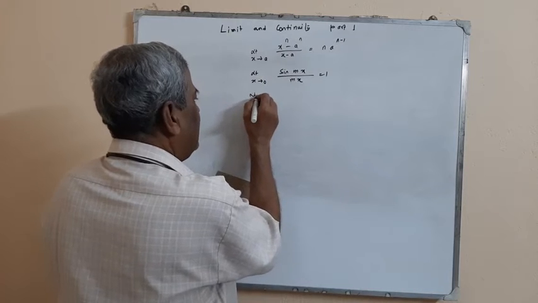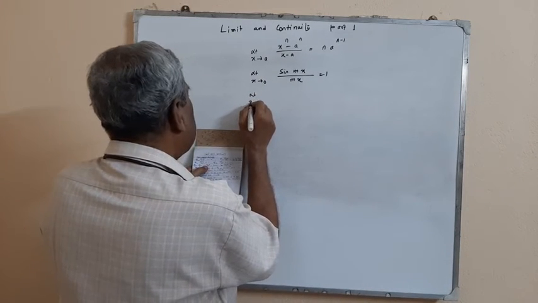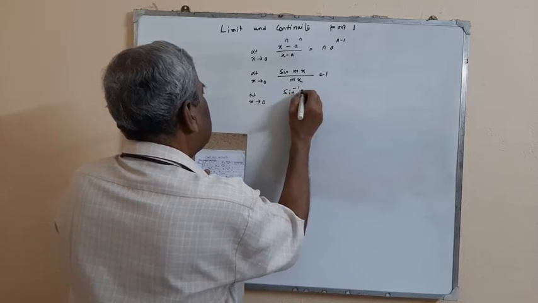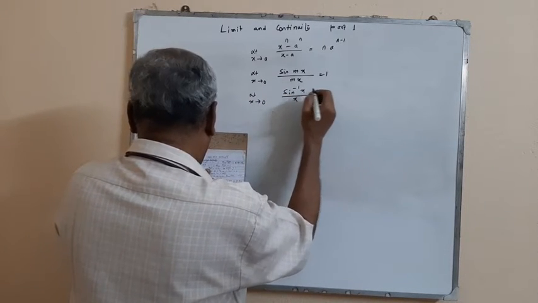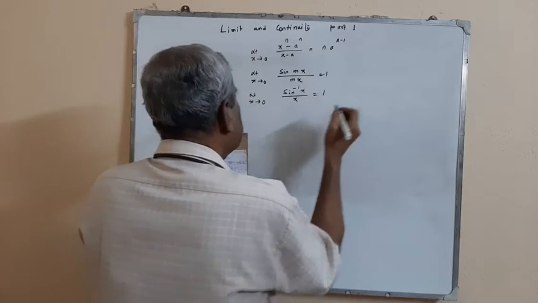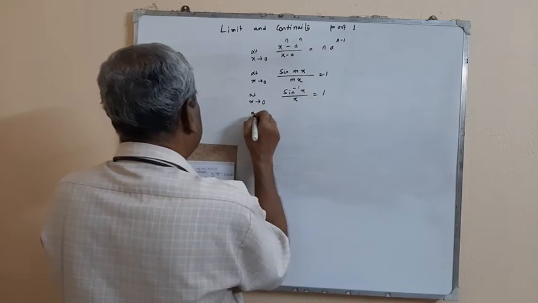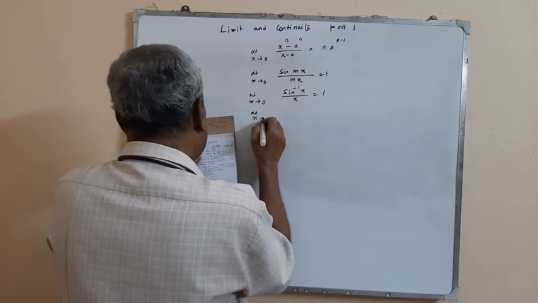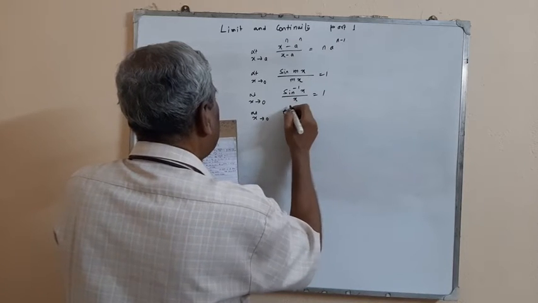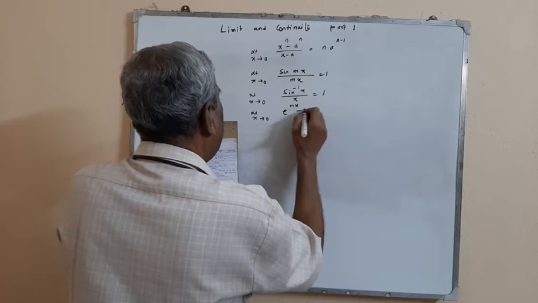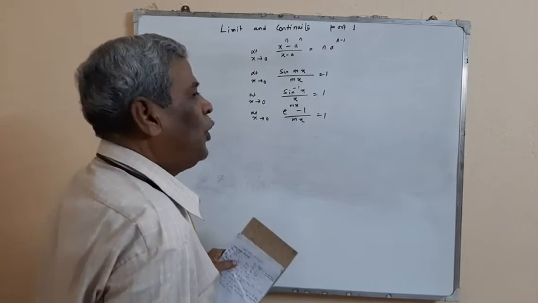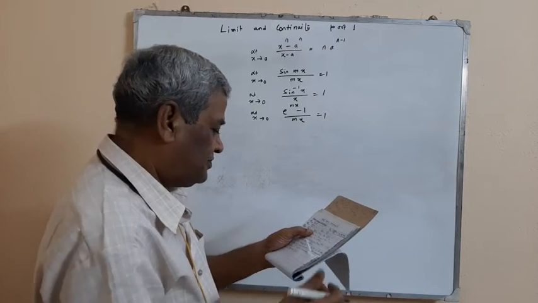Next, limit x tends to 0 sine inverse x by x is equal to 1. Limit x tends to 0 e to the power mx minus 1 by mx is equal to 1 for all real m.